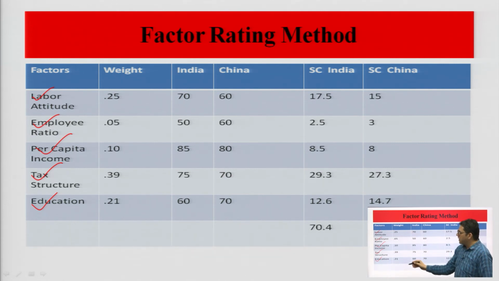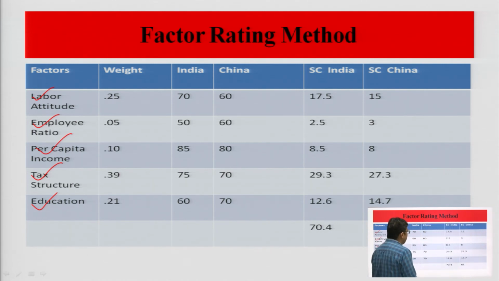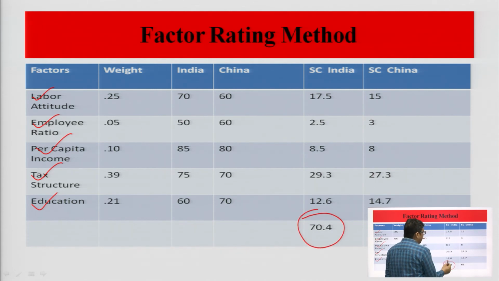So, I have taken certain weightage which is less than 1, and certain values have been given to them which are less than 100, and these are multiplied. So, the total score of India came to this. When the value of China and weightage are multiplied, the total score of China came to this, and thus we can sum the total weightage of each country.